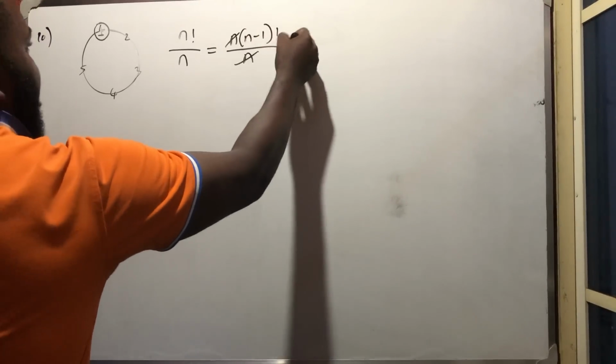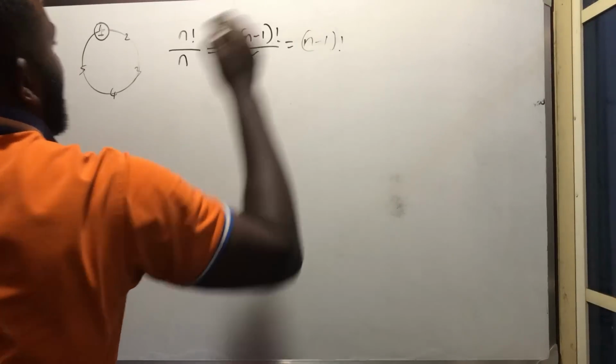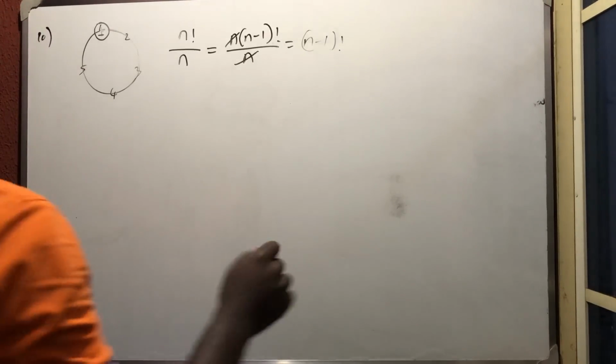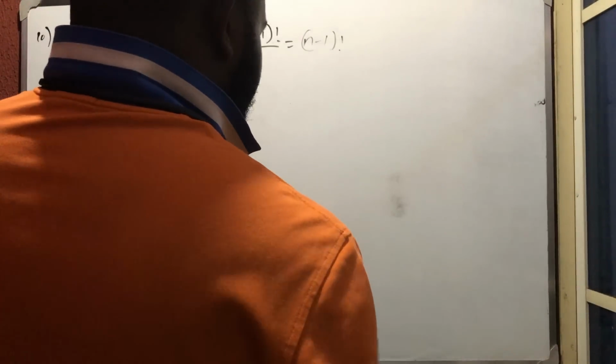So this takes care of this, and I'm left with n minus 1 factorial. So that is what I think. You can make your research and get more answers on that. That is number 10.